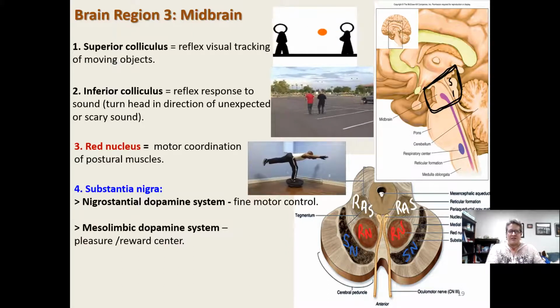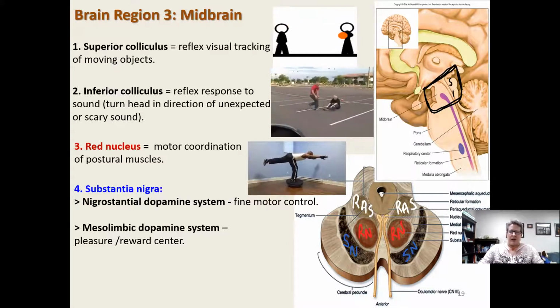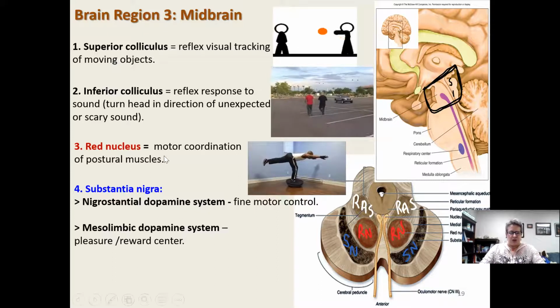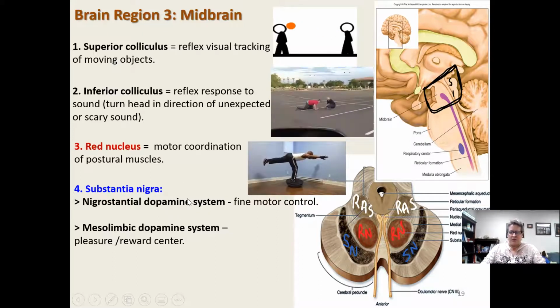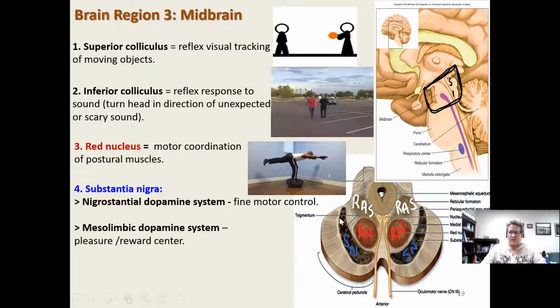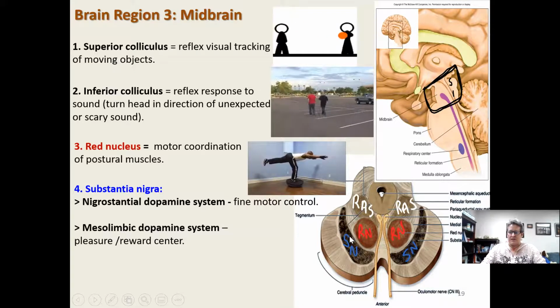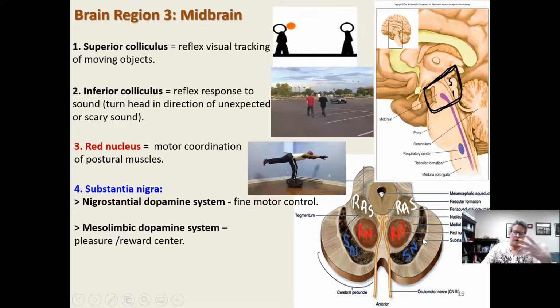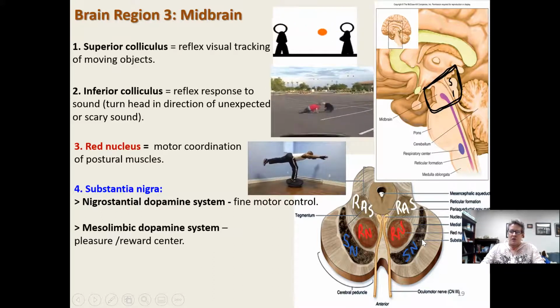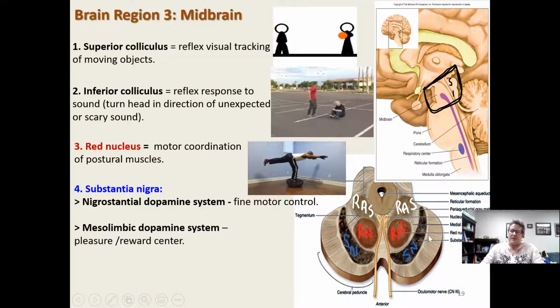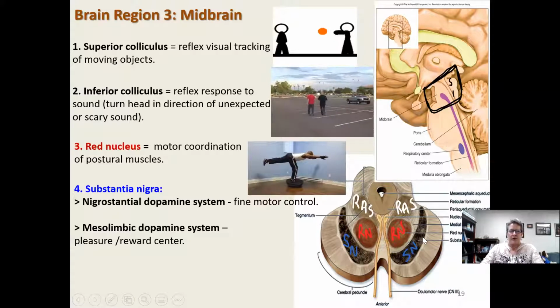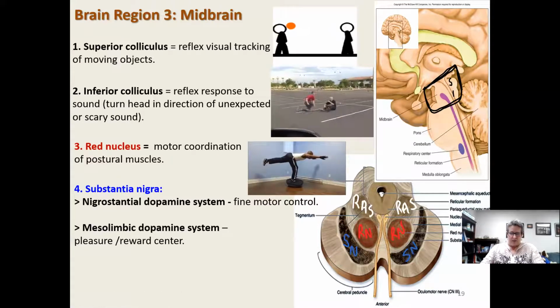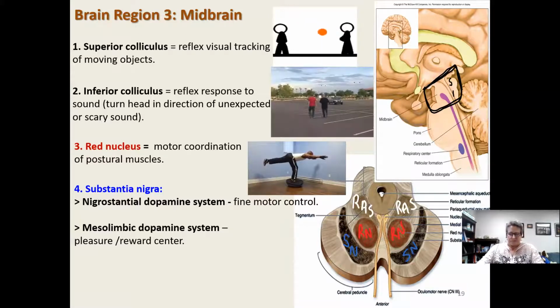Okay, next, the substantia nigra. We talked about this in chapter 4, part 1, neurotransmitters. So in the midbrain, these dark areas right here, SN, substantia nigra, are darkly colored because those neurons are pigmented. Basically, this is the part of the midbrain that produces a lot of dopamine. And we talked about dopamine before.